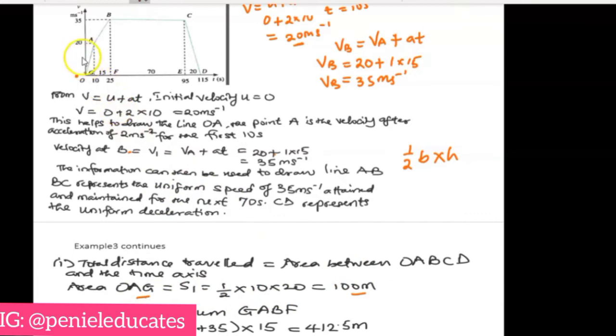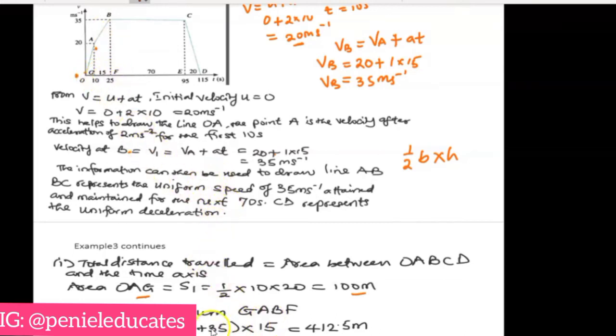Then when you have area GABF, it is a trapezium, and the trapezium formula says half the sum of the two parallel sides times the height. For example, area GABF: we have 20, this particular one is 20, this is one of the parallel sides, and this is another parallel side, times the difference of the base.